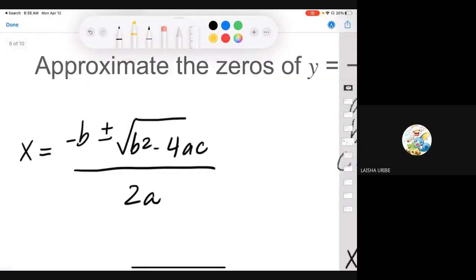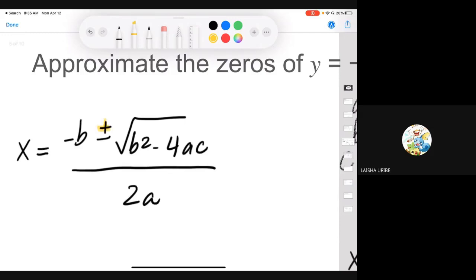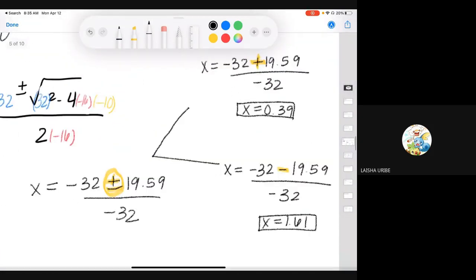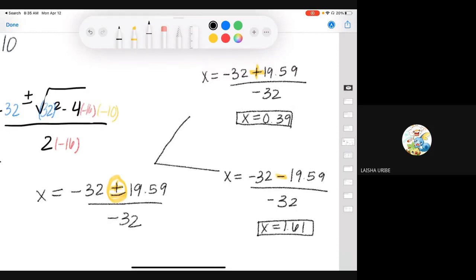So our quadratic formula contains this symbol right here. That's a plus and a minus. And so that means what you're going to do is this is actually two equations. It's one equation plus and one equation minus. And so that's what we get here. Because we have that symbol, that plus and that minus, you're going to get one equation where you add it and one equation where you subtract it. And so that's how we get two answers.